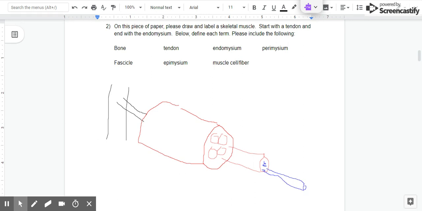We cut the skeletal muscle in half, and we see these fascicles. The fascicles are covered by the perimysium. The fascicle is a bunch of muscle cells or fibers, and I've drawn one in blue, and they are covered by the connective tissue sheath, the endomysium.